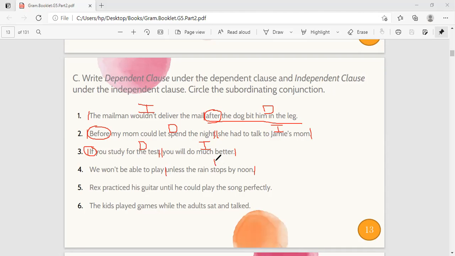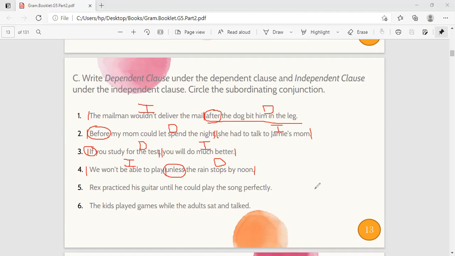It's dependent, not independent. It's the dependent clause because it doesn't make sense on its own. And we won't be able to play is independent. What is the subordinating conjunction? There is no subordinating. How could a complex sentence be without a subordinating conjunction? Unless. So please, guys, you have to revise the lecture for Thursday to master everything.